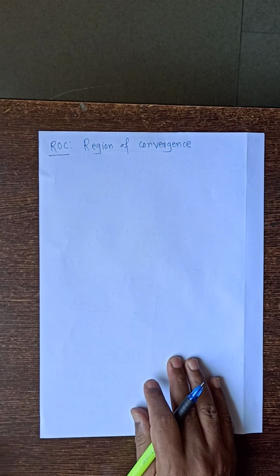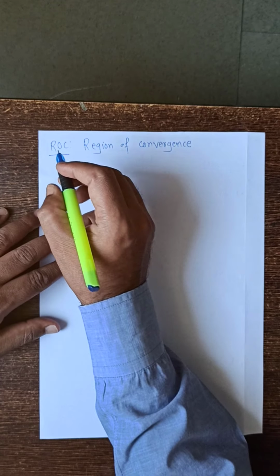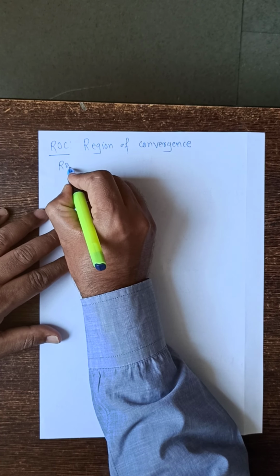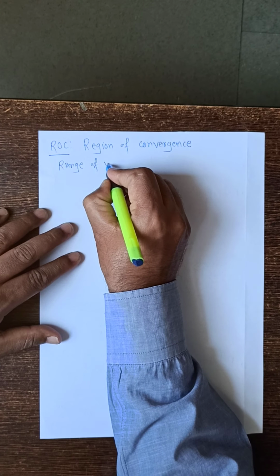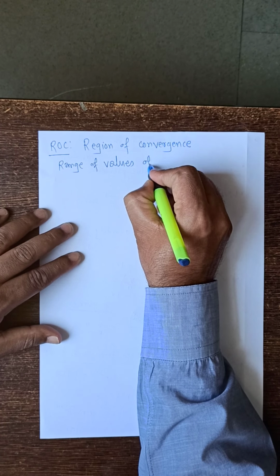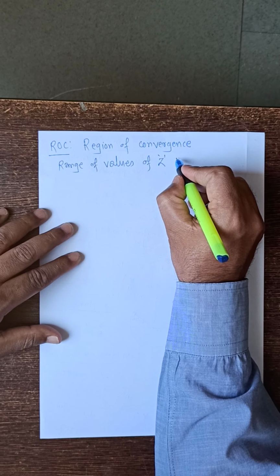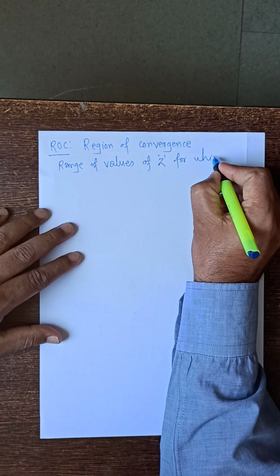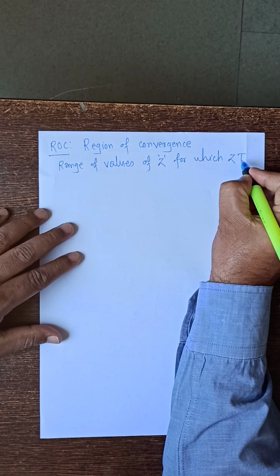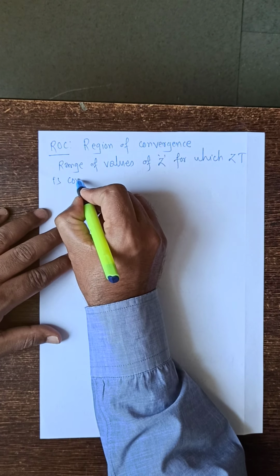Region of convergence. Okay, so what is again region of convergence? We have seen it in the Laplace transform, everywhere in the transform domain. So what is ROC? ROC in the z transform is nothing but the range of values of z for which X(z) is convergent.